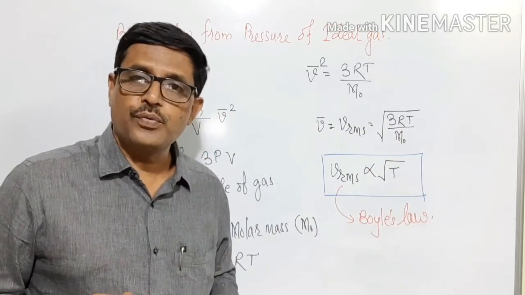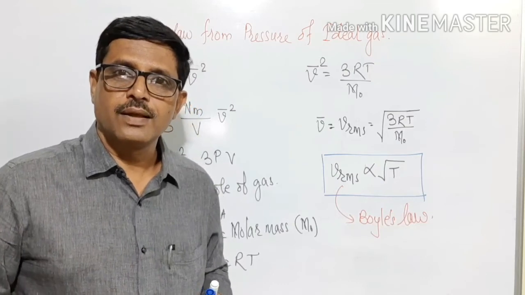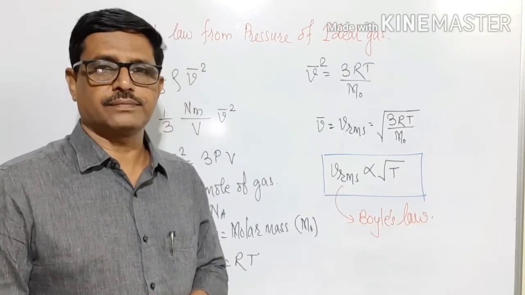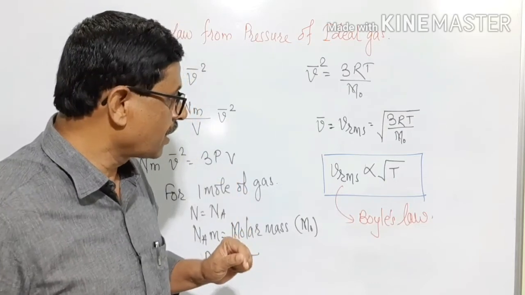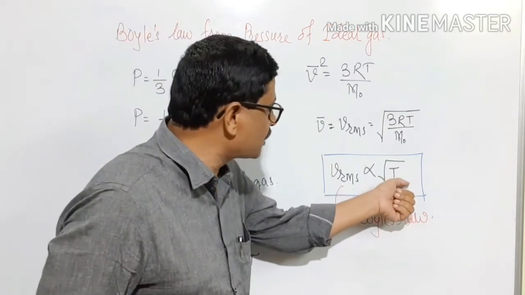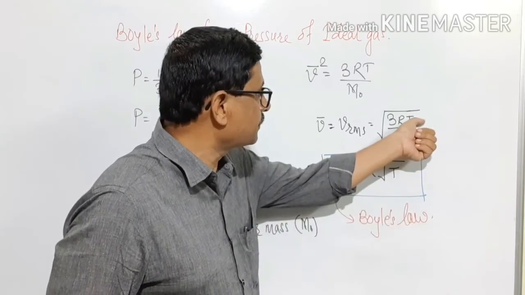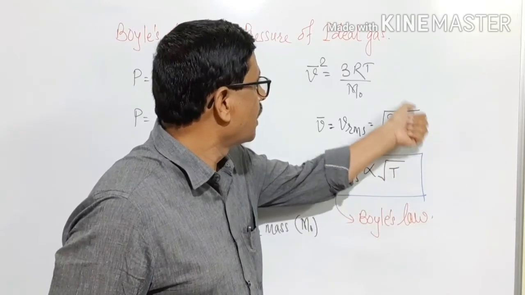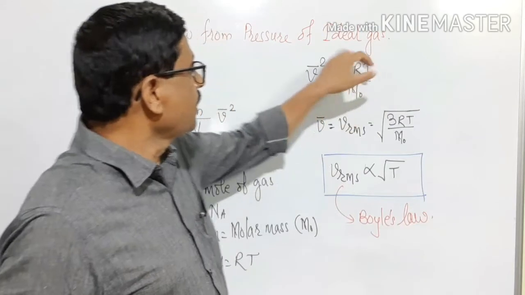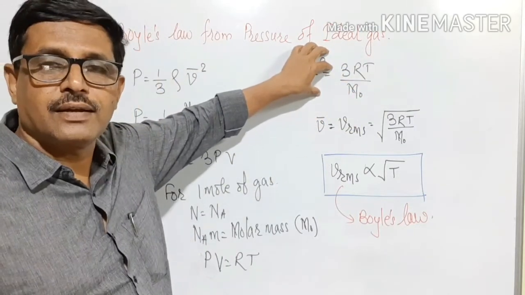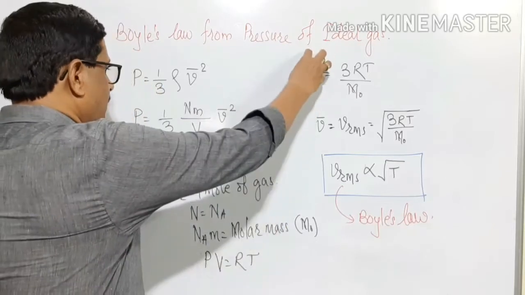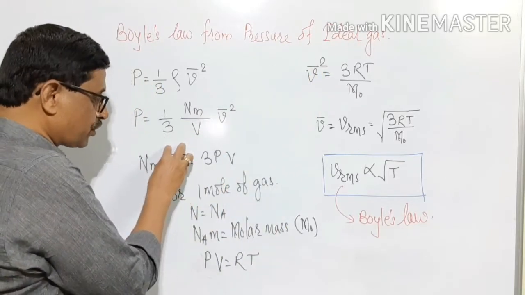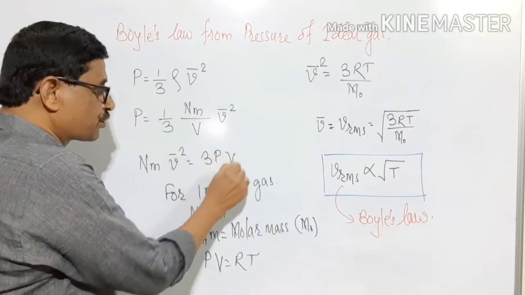How is it so? The answer is very simple. Because as long as the temperature remains constant, the mean square velocity is constant, and as long as the mean square velocity is constant, P into V is constant.